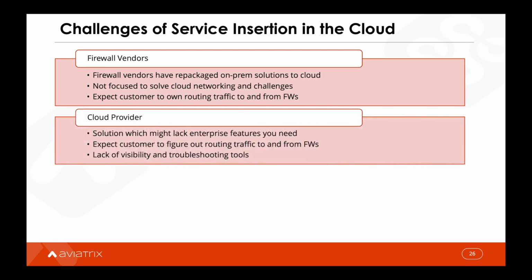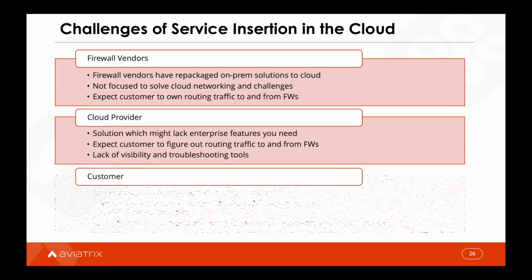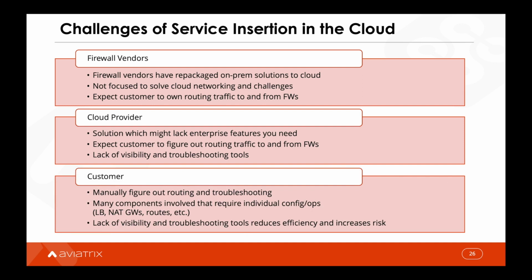From the CSP's perspective, as we discussed previously, they lack enterprise-grade networking features that customers are used to in the on-prem world. They also expect the customer to own the routing piece, the service chaining with firewalls. Moreover, when using native CSP constructs, there are major challenges with lack of visibility and troubleshooting tools. So where does that leave you, the customer?